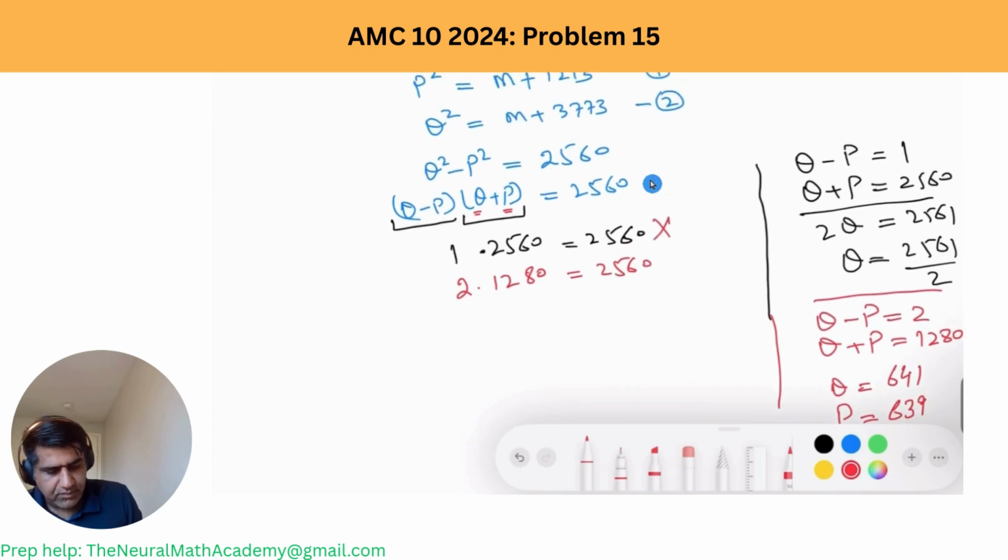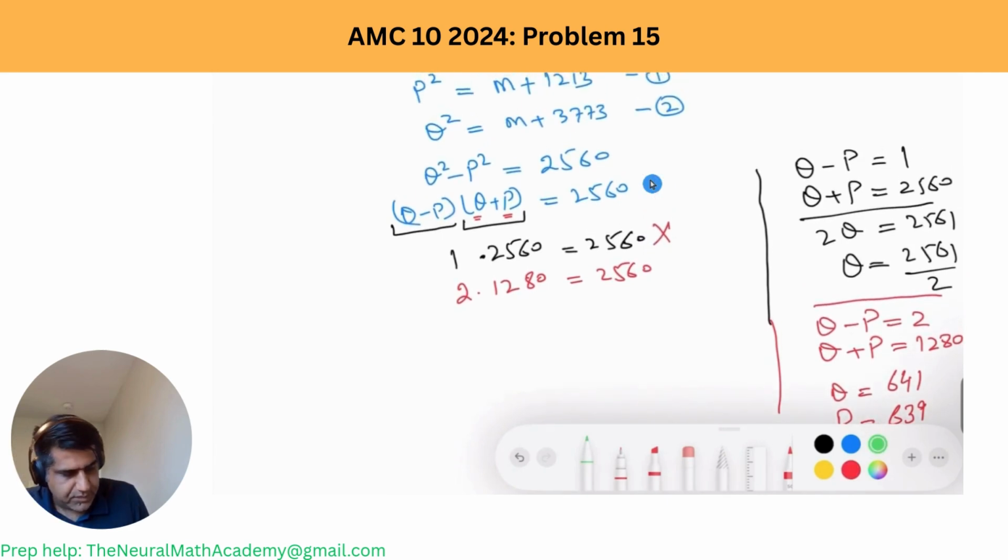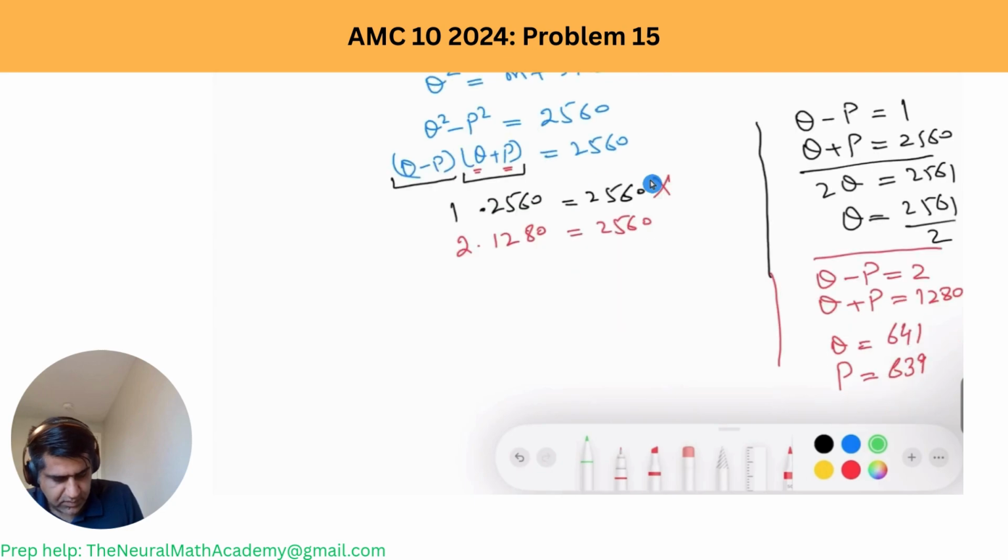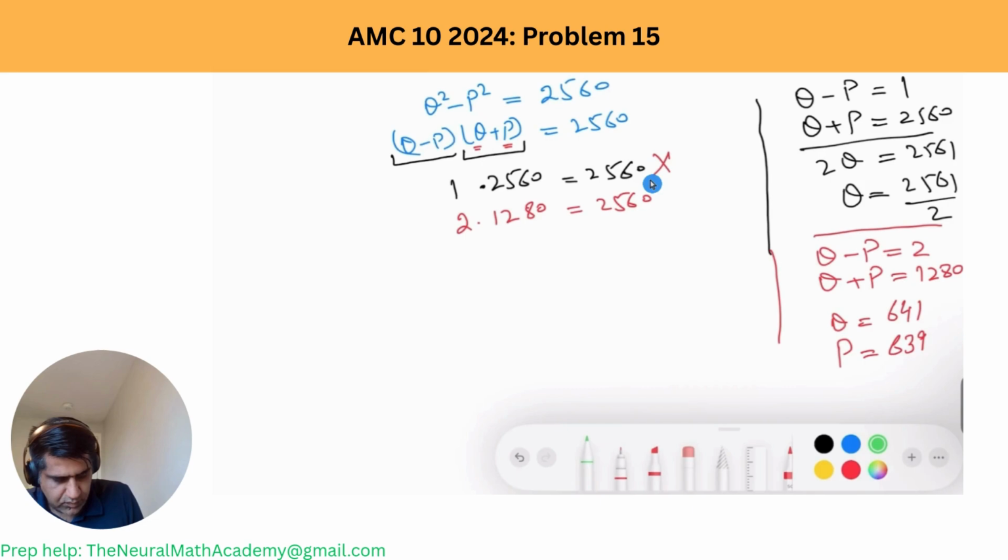And now what we have to tell is what is the units digit of m, right? So what we can do, we can now write the equation in this way that m is equal to p square minus 1213, right?